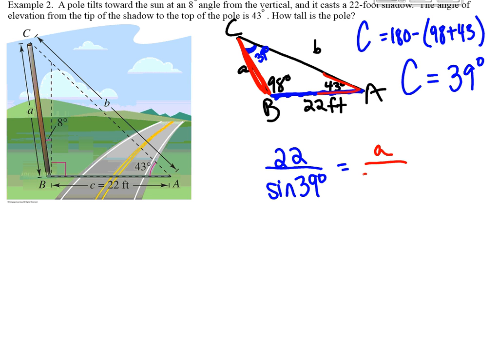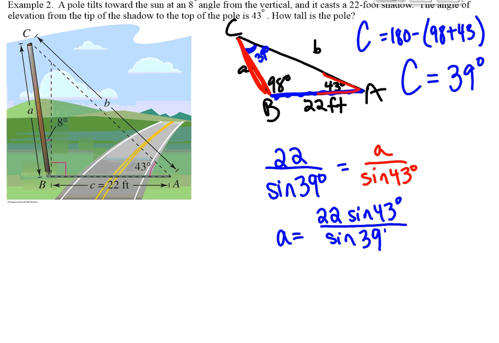So A over sine 43 degrees. When I cross multiply, I'm going to get A equals the two that I know, both of them, multiplied: 22 sine 43 degrees divided by sine 39 degrees. And again, I'm giving this one to the nearest hundredth, 2 decimal places as well.